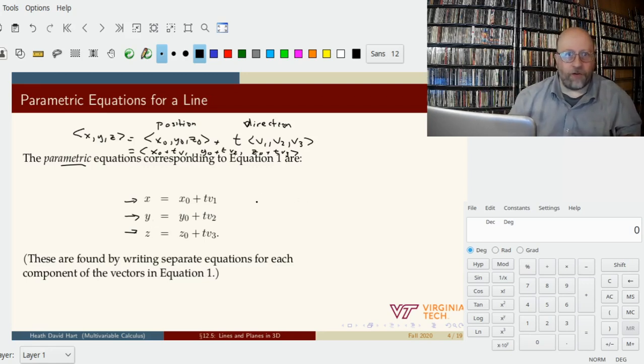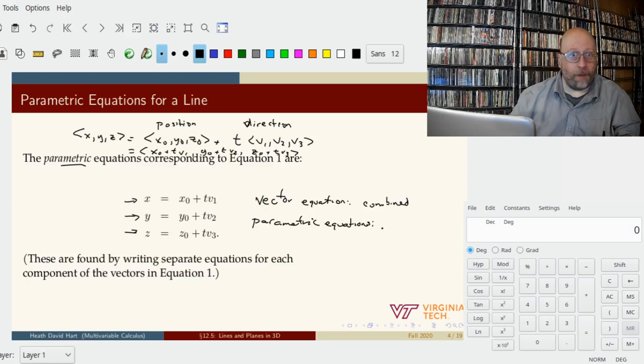So the vector equation is combined. The parametric equations are separated. But they work the same way.